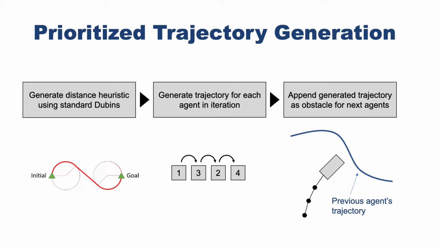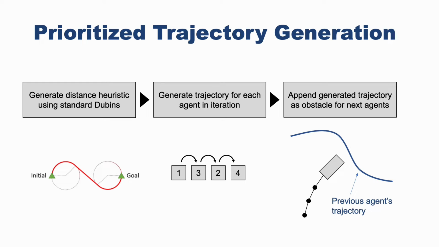The trajectory for every agent is generated using end-trailer dynamics depending on the priority values of the vehicles. We propose an approach based on prioritized trajectory generation, which considers the distance of the vehicle's planning domain. Before planning the trajectory, the algorithm first calculates a distance heuristic using normal Dubins dynamics for the head component of the vehicle to generate the heuristic vector of all vehicles.